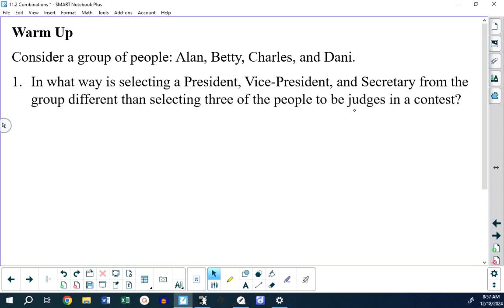I think this might be a case where intuitively you understand that that's going to be the case. But why? Who can tell me? I'll even go one further and tell you there are going to be fewer ways to select the 3 judges.